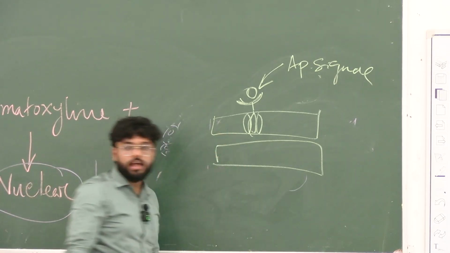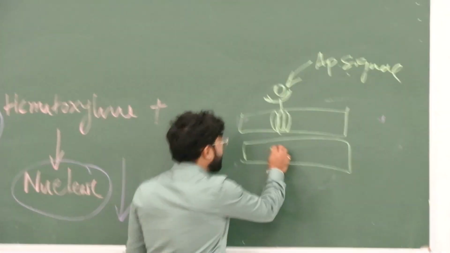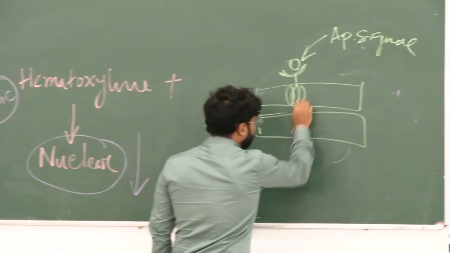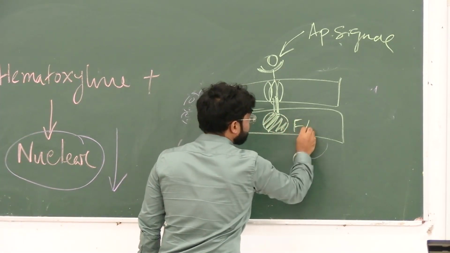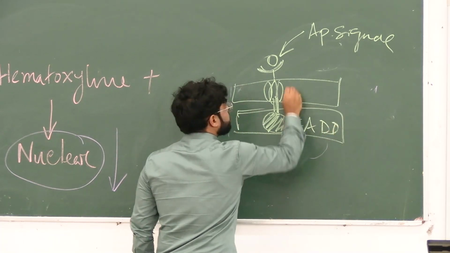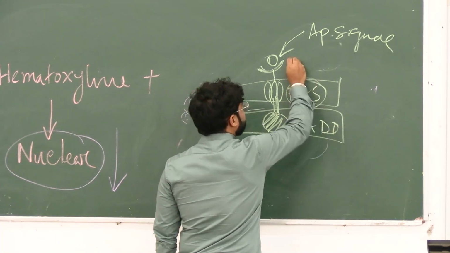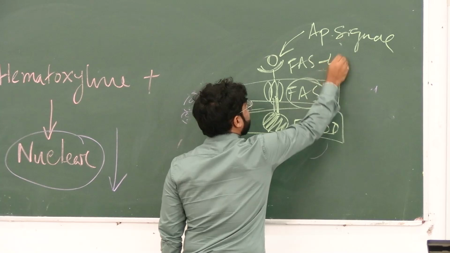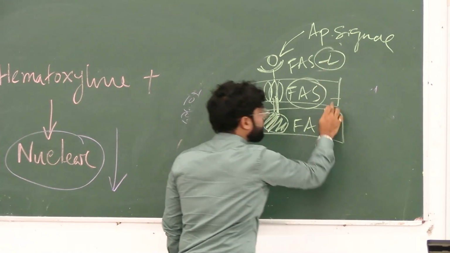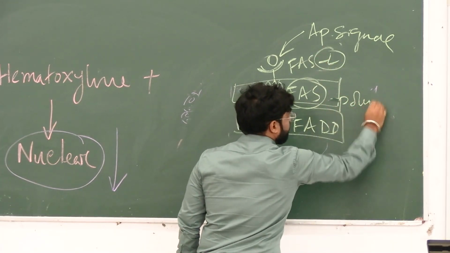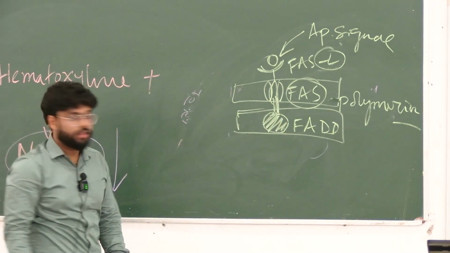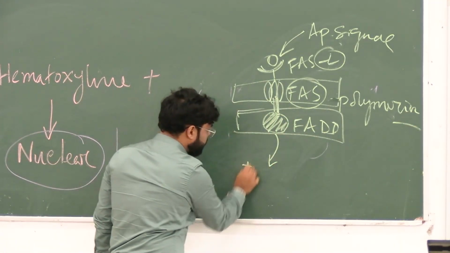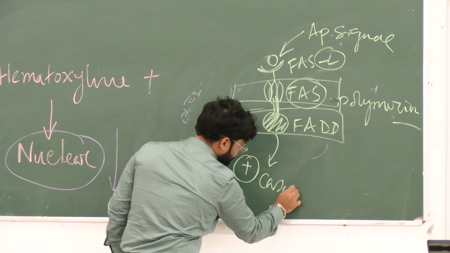This is present in the outer membrane. They bind with the Fas ligand in the inner membrane. It is known as FAD. So this is Fas polymerization, and they bind with the FAD, and this activated FAD actually activates the caspases.